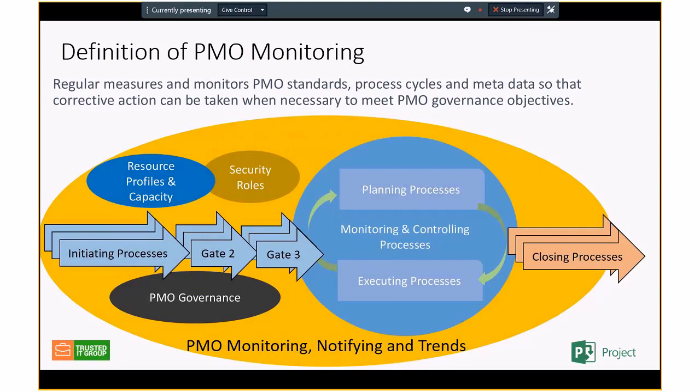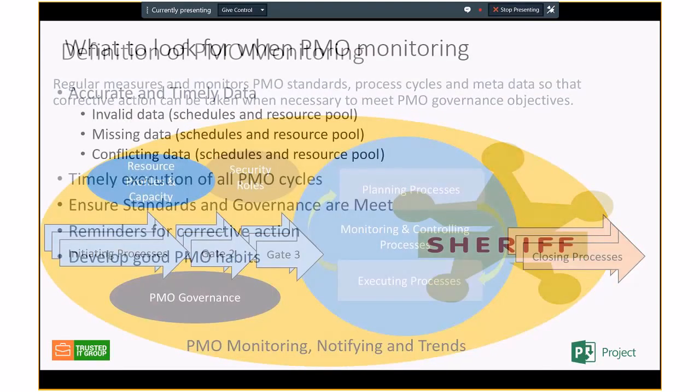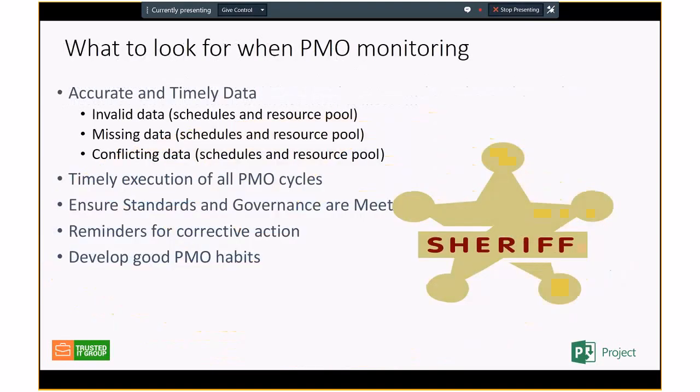So some of the things you're going to want to look for, and you do it step by step, is you want to look for accurate and timely data. And to me, there's like 2 areas that you have to look at in your schedules and then in your resource pool. You want to look for invalid data.